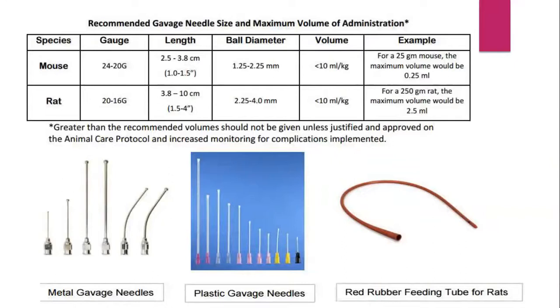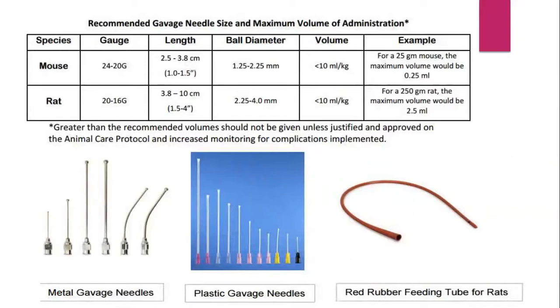Length is 2.5 to 3.8 cm for mice and 3.8 to 10 cm for rat. Ball diameter for mouse is 1.25 to 2.25 mm and for rat 2.25 to 4 mm. Volume administered for mouse is 10 ml per kg and for rat again 10 ml per kg.